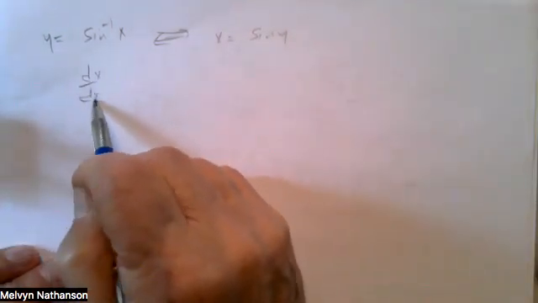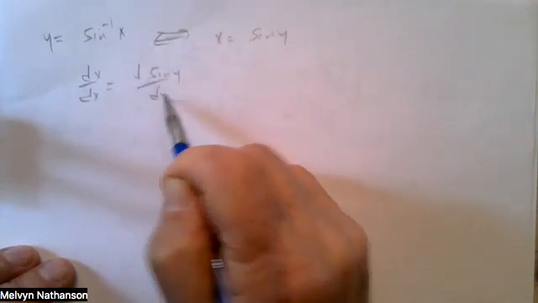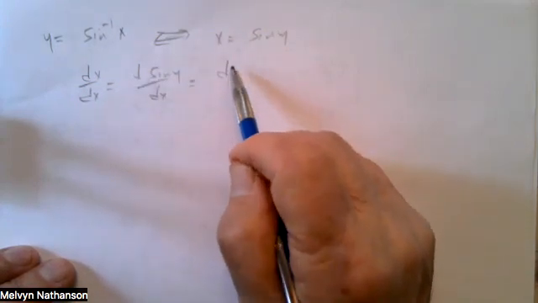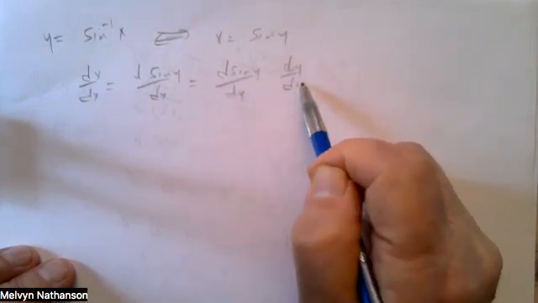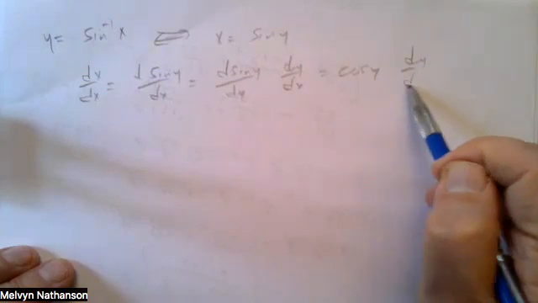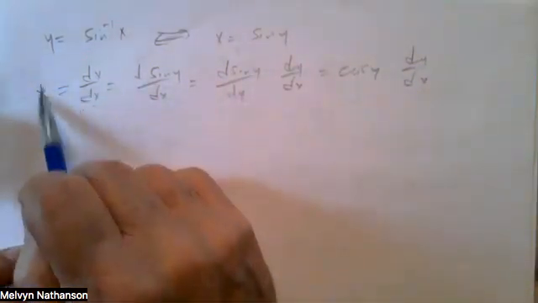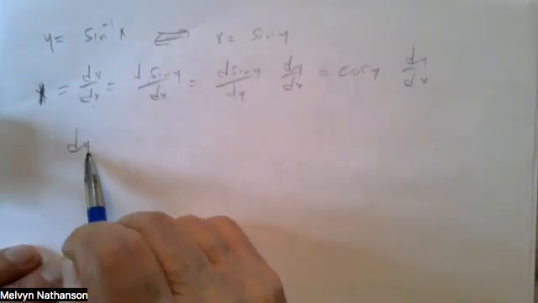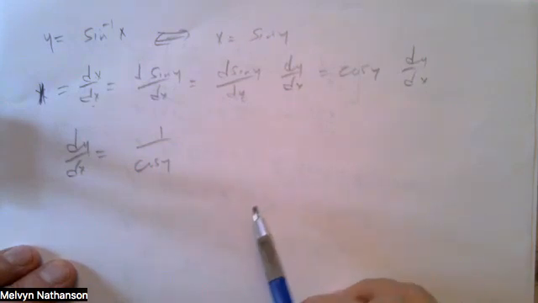So if we differentiate, the derivative of x with respect to x is the derivative of sine y with respect to x, which is the derivative of sine y with respect to y, times dy dx. That's what we want to know. That's cosine y, dy dx, and dx with respect to x is 1. So that says dy dx is 1 over cosine y.